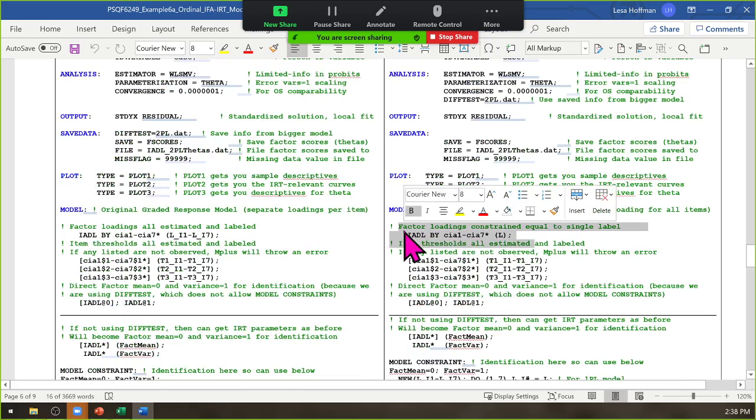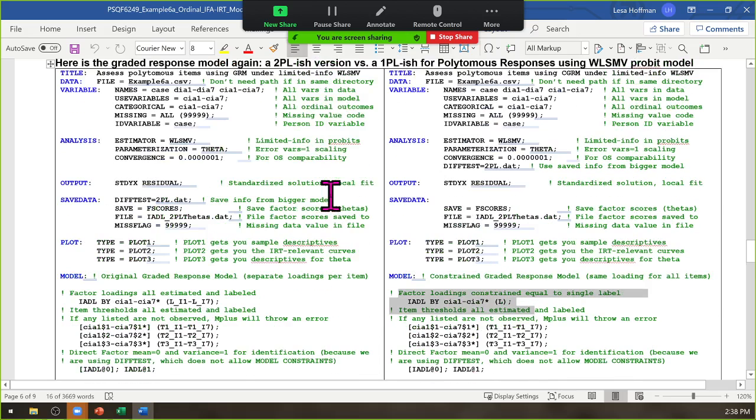So just as an example of a nested model comparison. To review how to do that specifically, the model that has more parameters in it has to be estimated first. Order matters. So the model that has a separate loading for each item, on the save data line, it's diff test equals, and then you put the name of a file there.